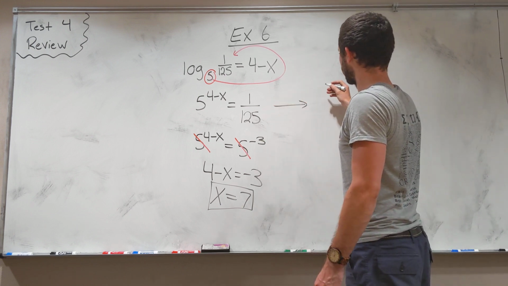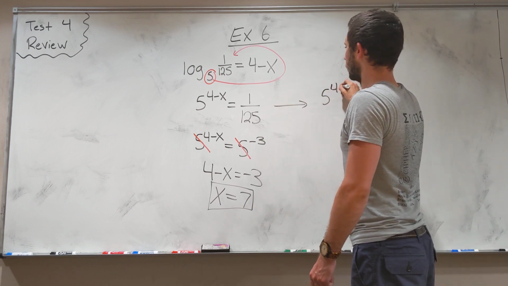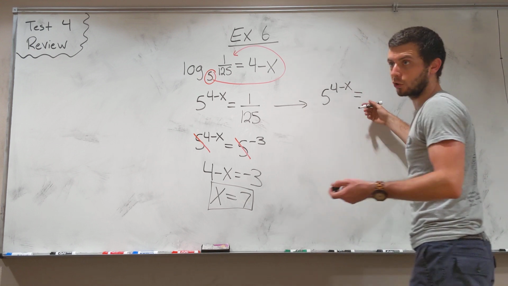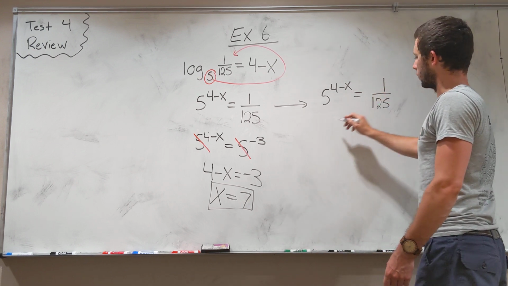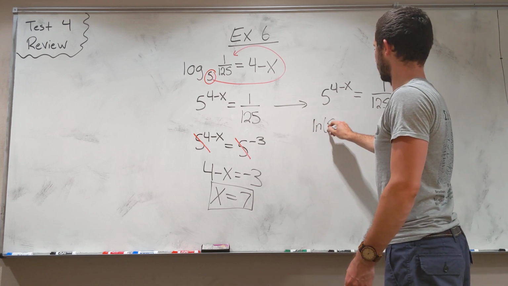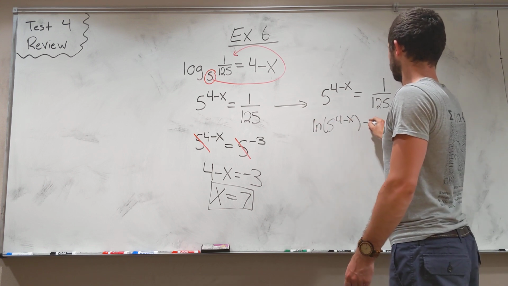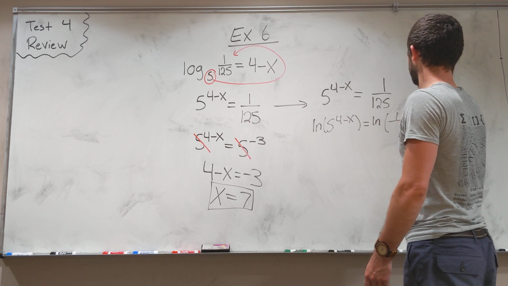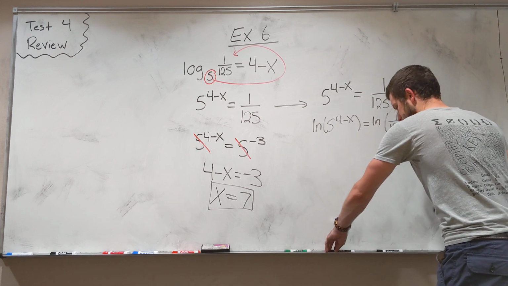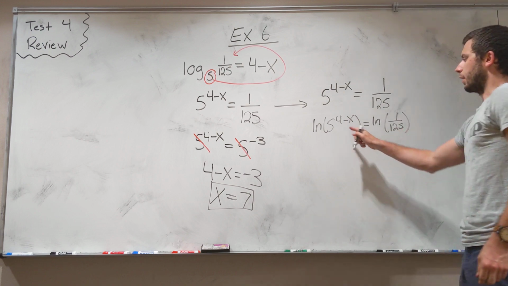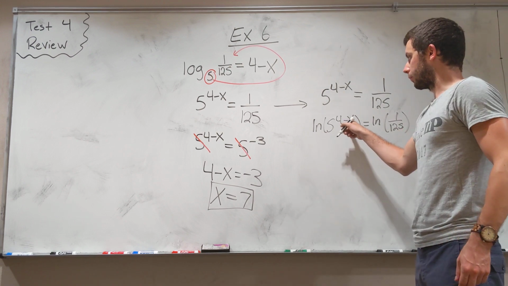So if we were to take this problem and look at this using natural logs, then we apply the natural logs on both sides. And that allows us to bring the exponent to the very front.